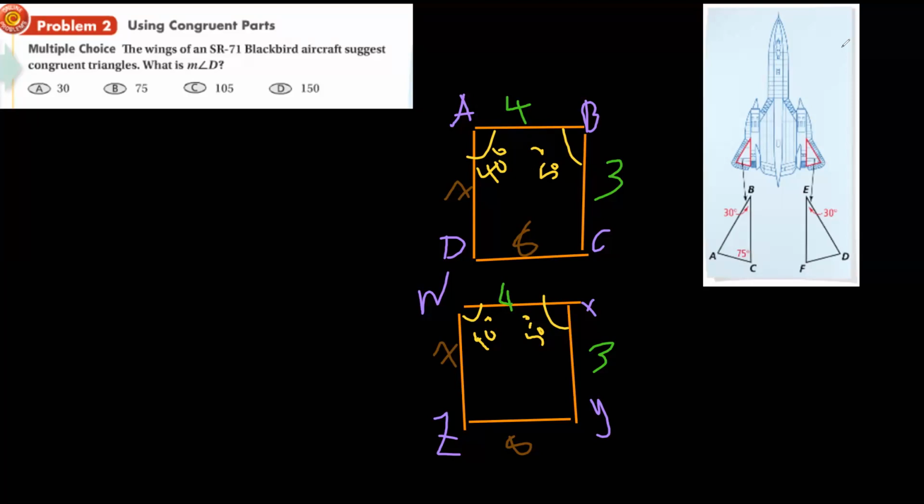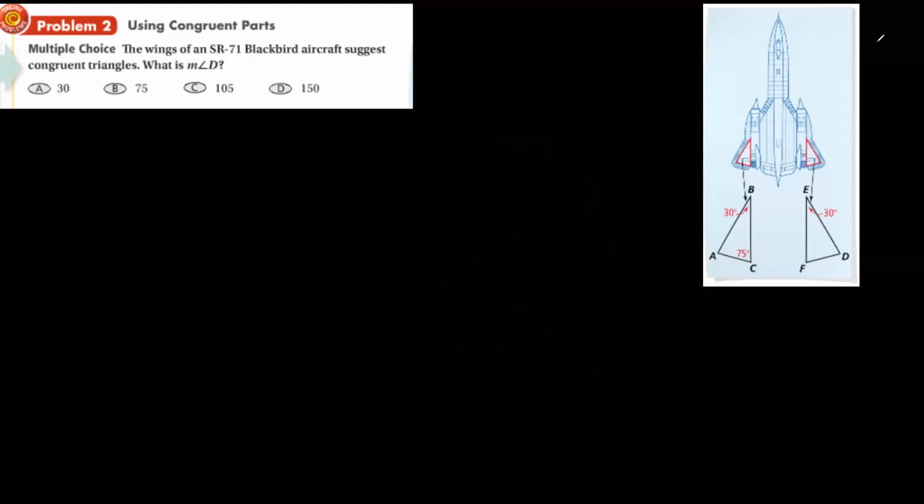Now let's see how these things help me to find the unknown angle. The wings on the SR-71 Blackbird aircraft suggest congruent triangles. What is the measure of angle D?